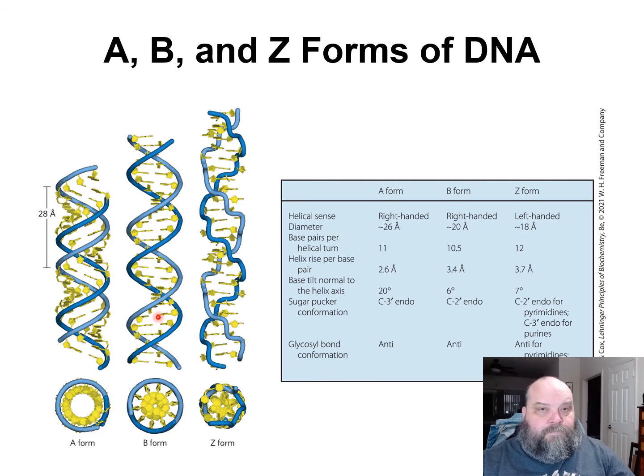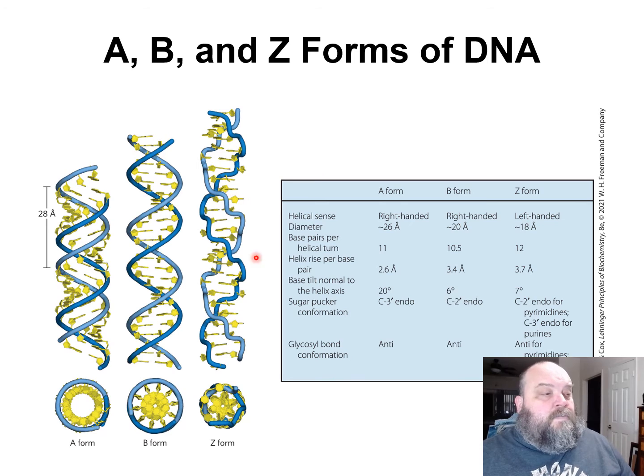Here, a lot looser, a little bit wider. The nitrogenous rings, you notice also, because it's a little looser, a little wider, they're not quite as parallel as you see here. They're a little more tilted, a little more disjointed, but they're still there.